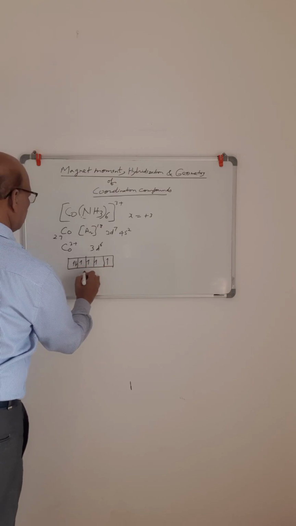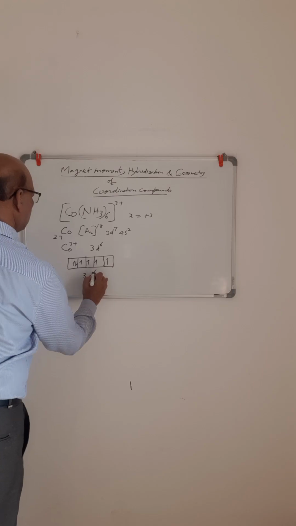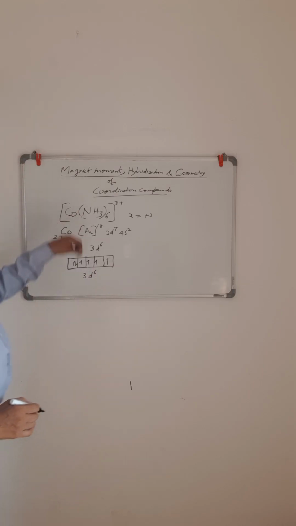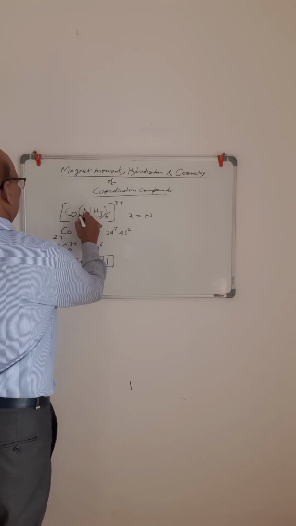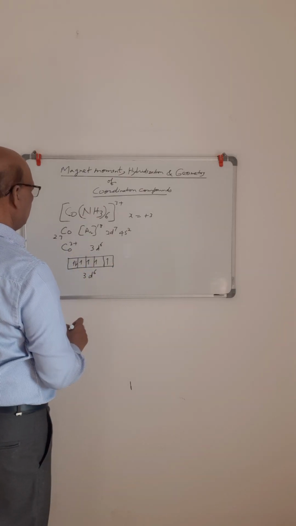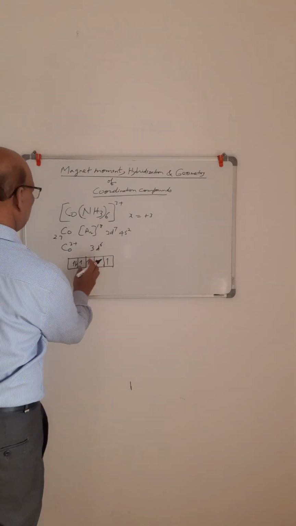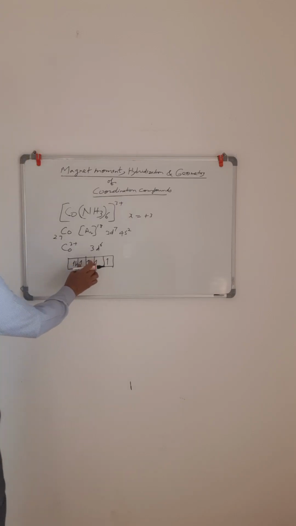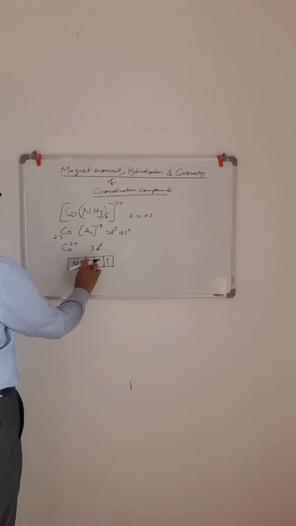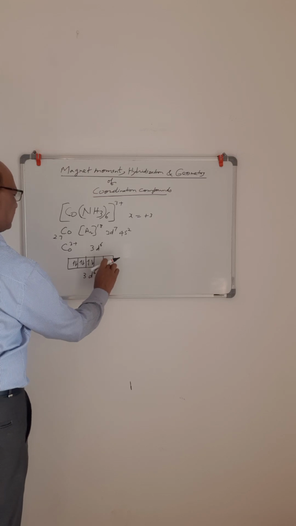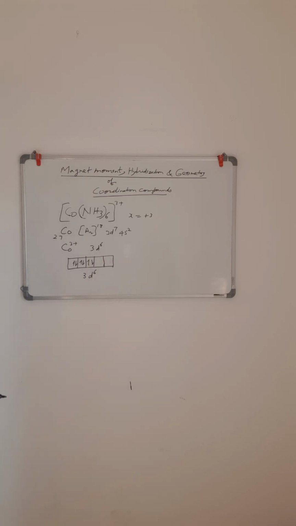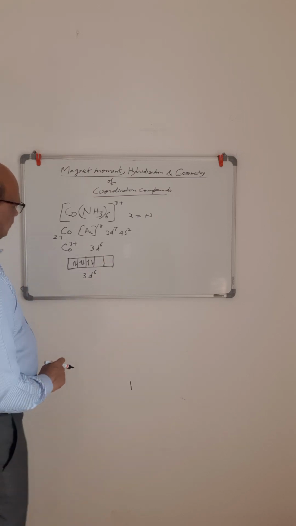So this is the 3d6. Now because ammonia acts as a strong field ligand when cobalt is in the higher oxidation state of +3, it will result in pairing up of the electrons. So these 4 electrons will get paired up and we will have here 1 electron and here 1 electron, and these will get emptied out. So this will look like this.